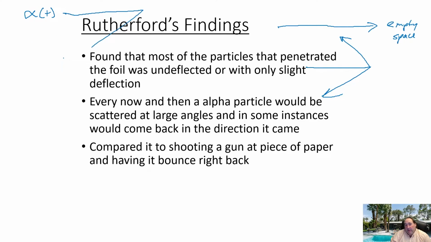These positively charged particles got bounced off every so often at these really large angles. Remember that opposites attract, but same charge repel one another. So clearly, in order to bounce those positively charged particles off in that big direction, it had to hit something very, very positive.